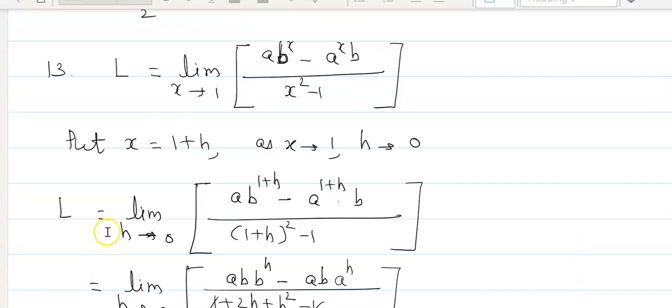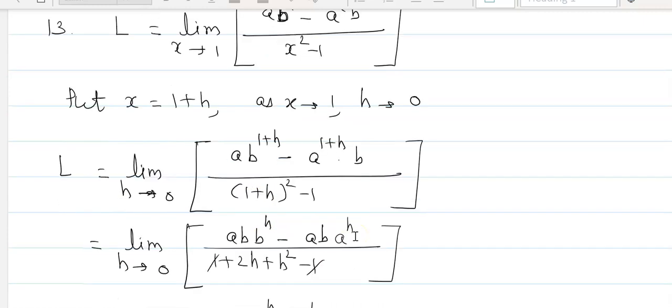L is equal to limit x tends to 1, ab b raised to x minus ab a raised to x, upon x square minus 1. Put x equals 1 plus h, as x tends to 1, h tends to 0. L is equal to limit h tends to 0, ab b raised to 1 plus h minus ab a raised to 1 plus h, and x is replaced by (1 plus h) square minus 1.